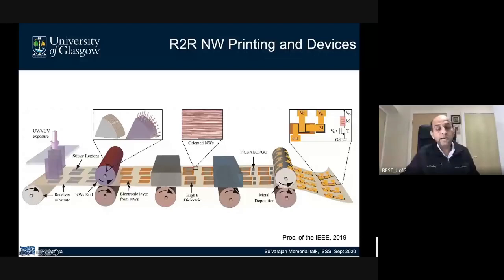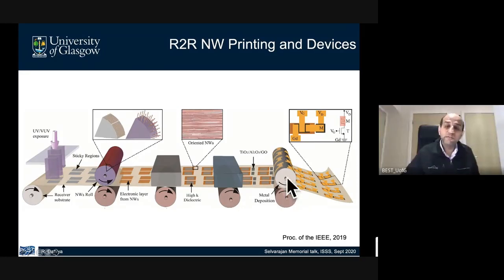If you have to have a controlled density of nanowires, you may repeat this process. So one more step could be added here. And after that you have oriented nanowires. You can deposit high K dielectric. So ALD, etc., are compatible with the roll-to-roll process. You could use these tools to deposit high K dielectric, and then another step of dielectric here, in this case to show the example of a memristor.